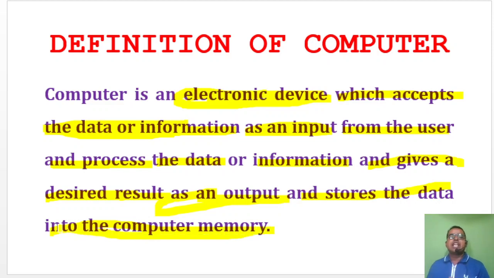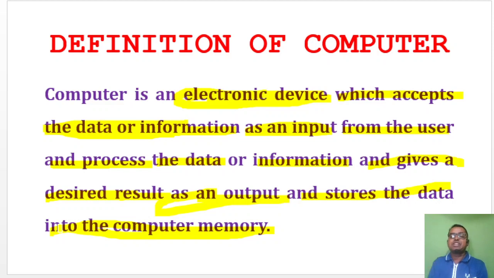It accepts the data or information as an input from the user with the help of input devices, that is keyboard, mouse, joystick, etc. With the help of these devices we are entering the data into the computer system. After entering the data, it will be processed inside the CPU and gives the desired result as an output, and further it stores the data into the computer memory so that you can retrieve it at any time.